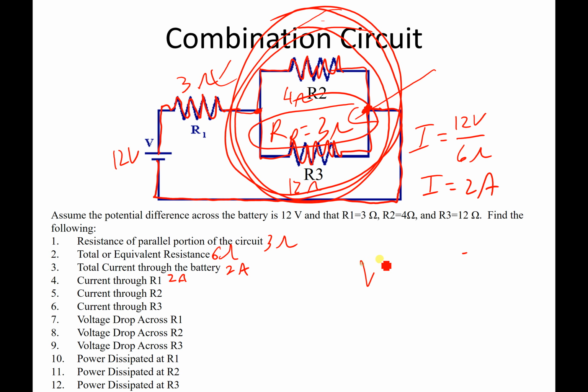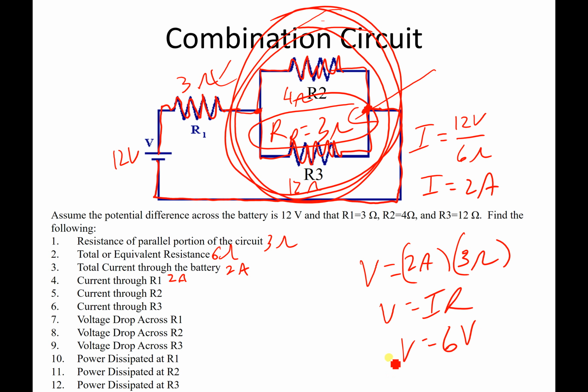So if we want to calculate the voltage drop, we're going to take the total current through the parallel part of the circuit, which is all of it, 2 amps, times the resistance of the entire parallel part of the circuit, 3 ohms. So we're using V equals IR. So that gives us 6 volts. That's the voltage drop across the whole parallel part of the circuit.